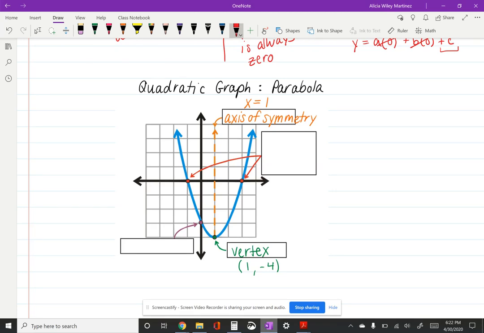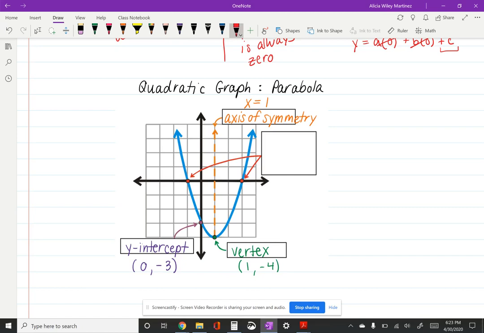Another key point of the graph is the point that lies on the y-axis, which we call the y-intercept. In this case, it's the point 0, -3. Remember, with the y-intercept, the x value is always 0.